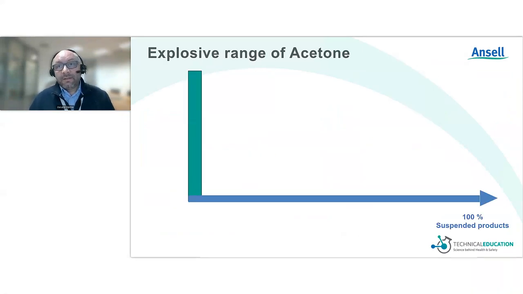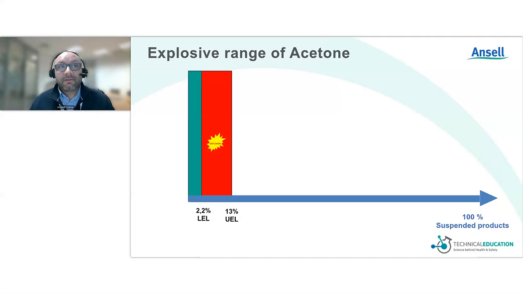Acetone, as I mentioned in the beginning, is a flammable liquid and vapors, and it can also lead to explosion. Here in this slide, you see the range of explosion of acetone. As a reminder, the range of explosion is defined by the LEL and UEL, and you can see it's between 2% and 13%.